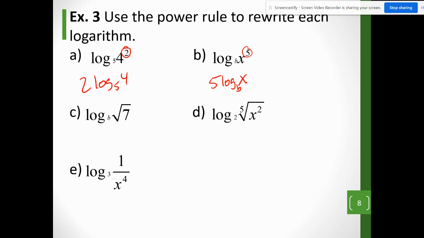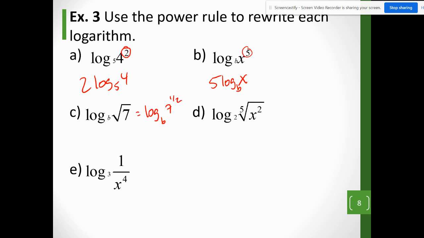Now you might come and say, well, radicals, that's not an exponent. Yes, it is. Remember how I always said a radical is a fraction as exponent divided by root. So I'm looking at this as log base b of 7 to the 1/2.